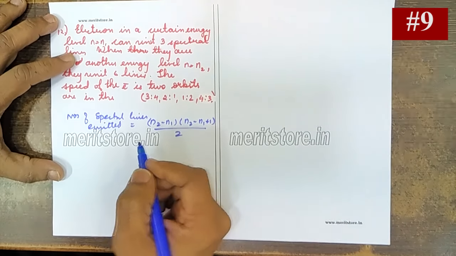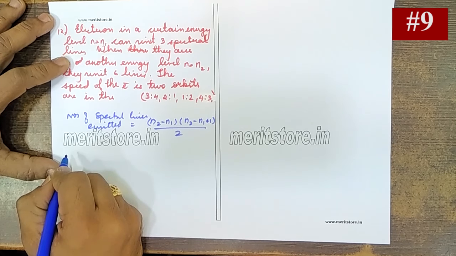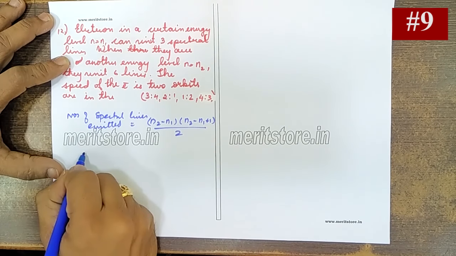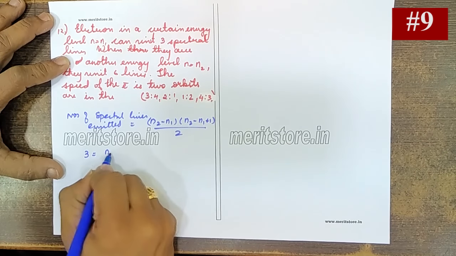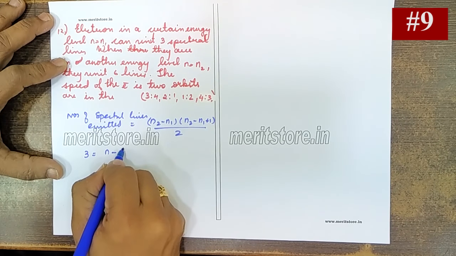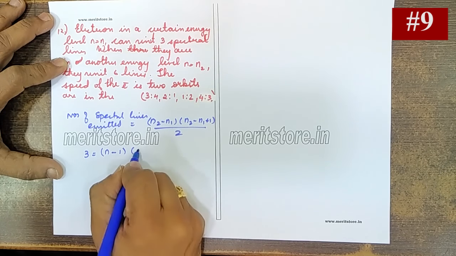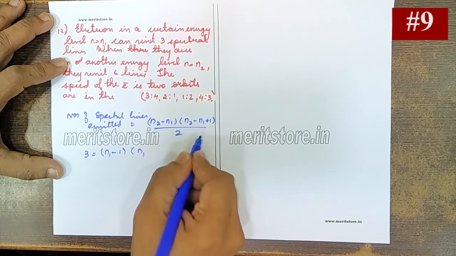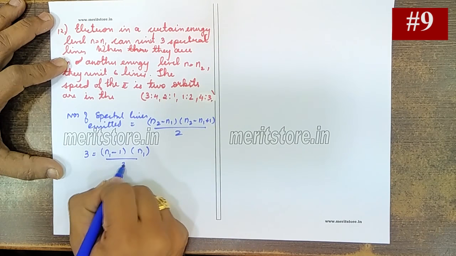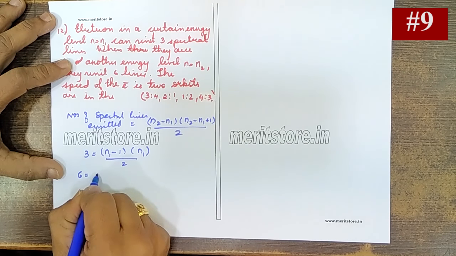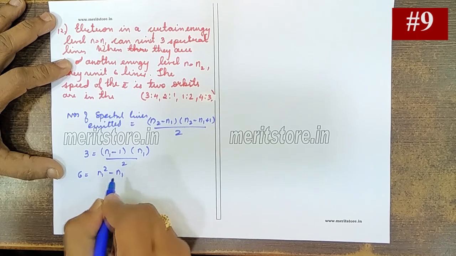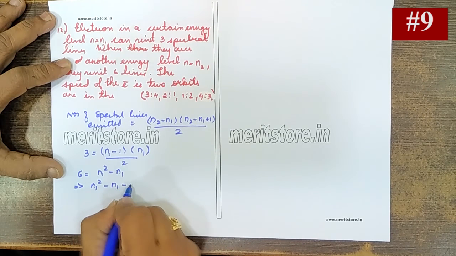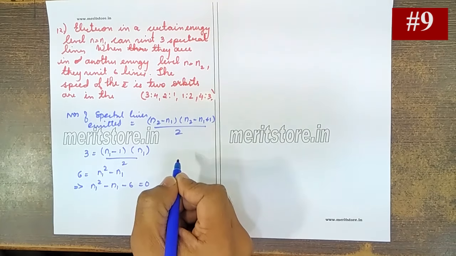So in my first case, the electron in a certain energy level n1 is emitting 3 spectral lines. So 3 is equal to n1 minus 1, that is coming to the ground state, into n1 upon 2, so 6 is equal to n1 squared minus n1, which means n1 squared minus n1 minus 6 is equal to 0, which is a quadratic equation.